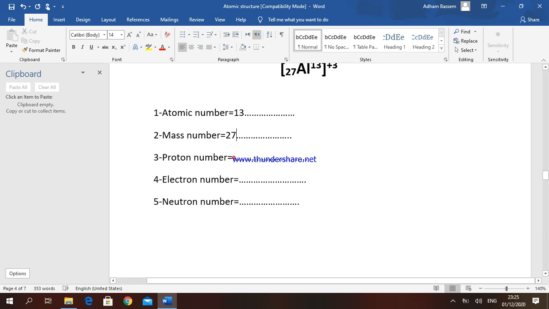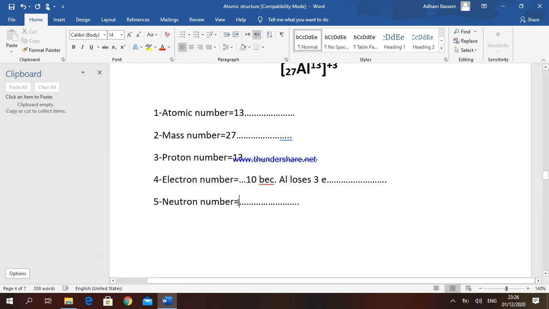The proton number equals 13, which equals the atomic number, while the number of electrons changes after the aluminium atom loses 3 electrons. The electron number becomes 10, because the aluminium atom loses 3 electrons.